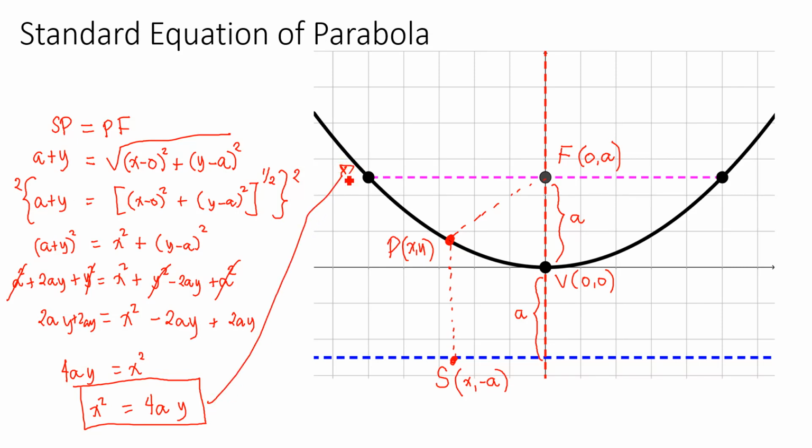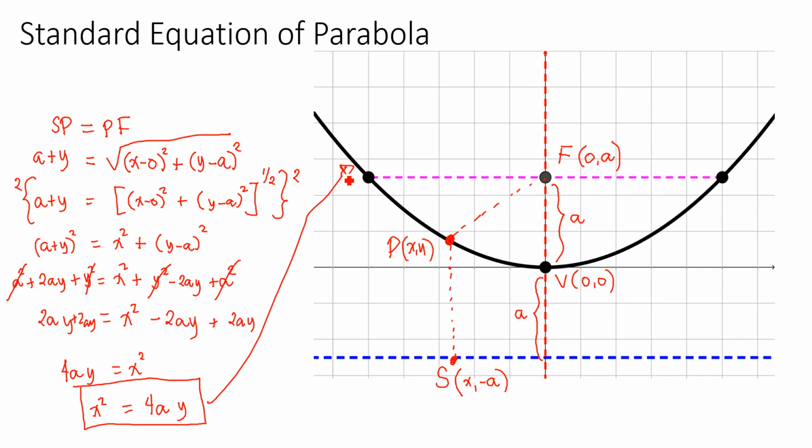So if the vertex is at the origin and it opens upward, then we can express the equation as x squared equals 4ay.